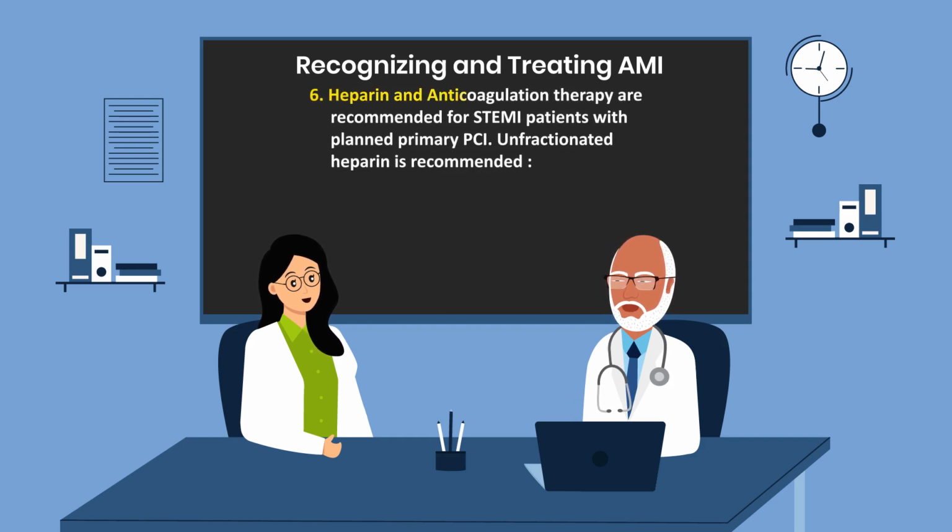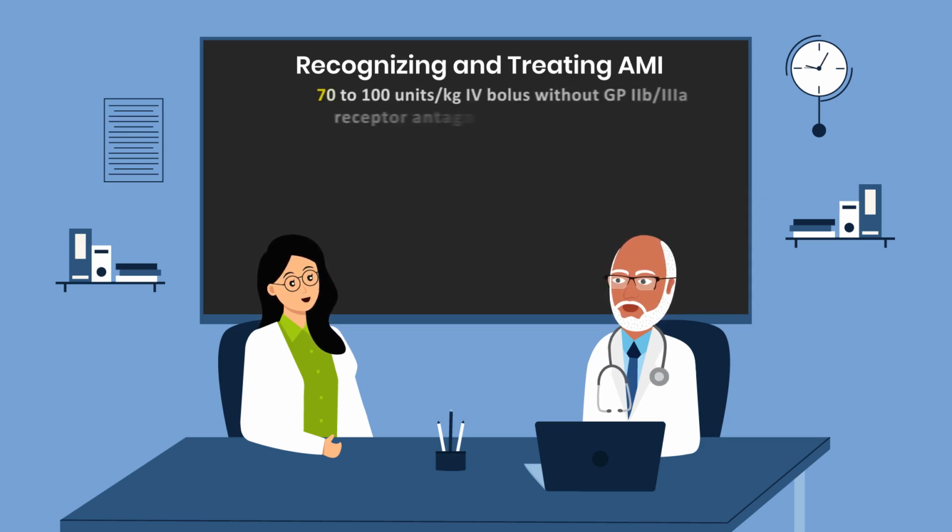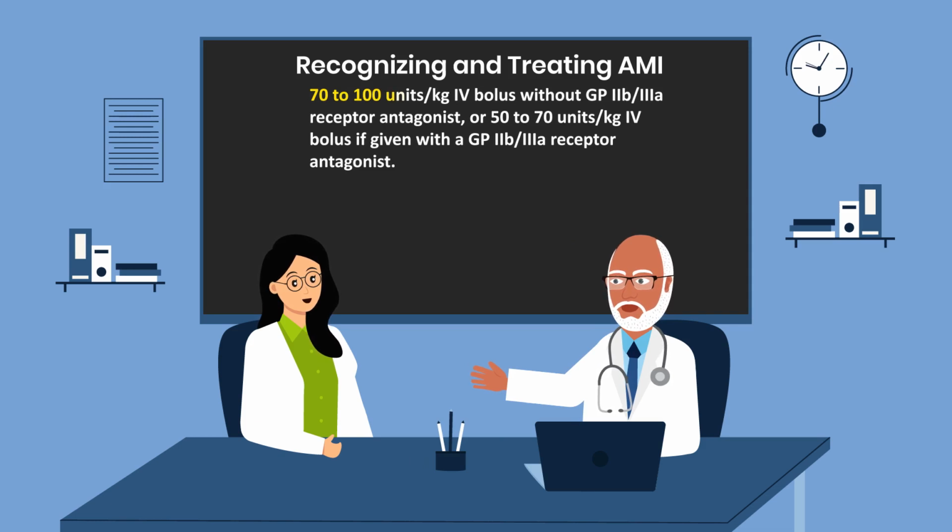Heparin and anticoagulation therapy are recommended for STEMI patients with planned primary PCI. Unfractionated heparin is recommended. You may start between 70 and 100 units per kg IV bolus without the GP2B3A receptor antagonist.